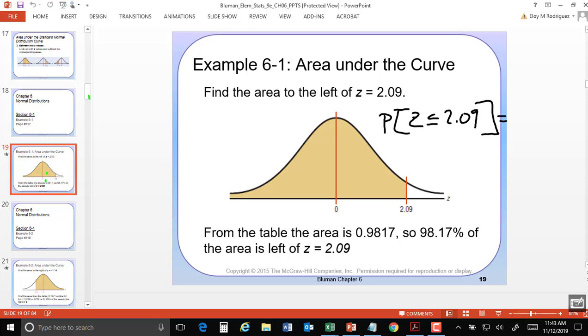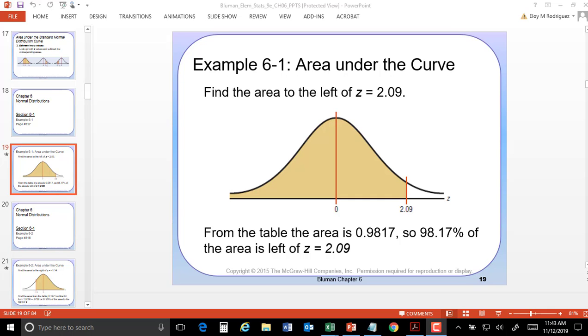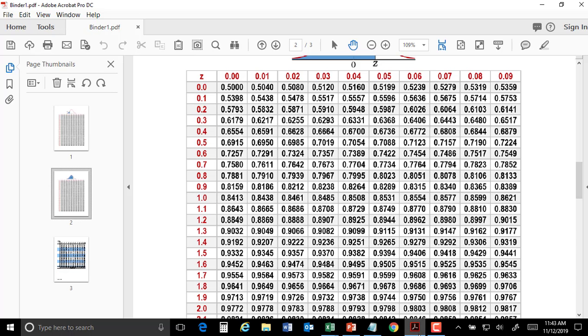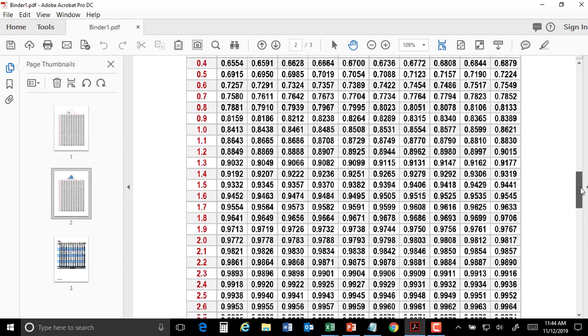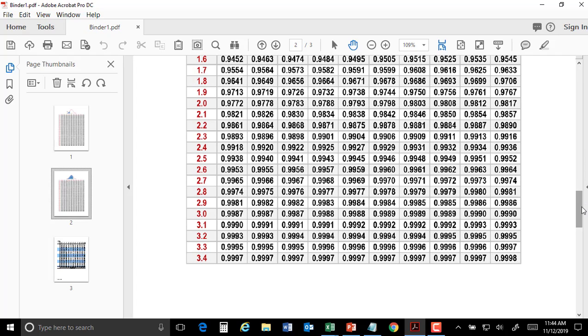Now I'm going to look for, along here, 2.0, and then over here, last column, 2.09. See it? So here's 2.0.